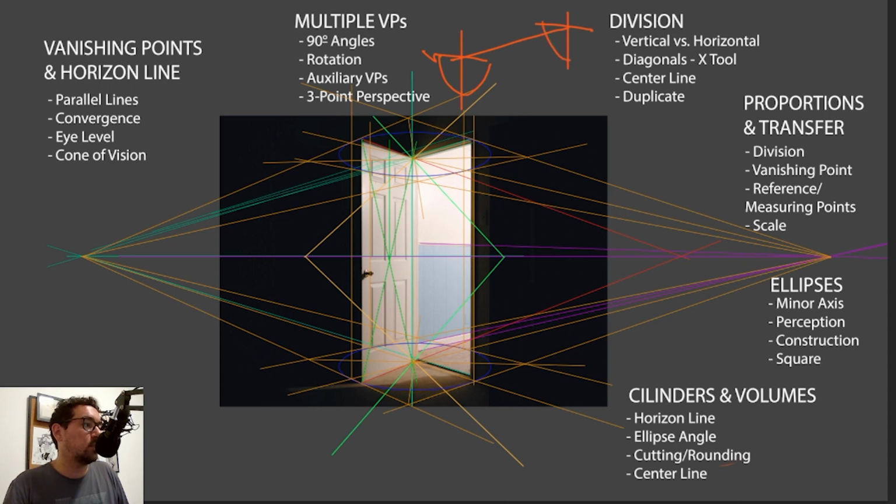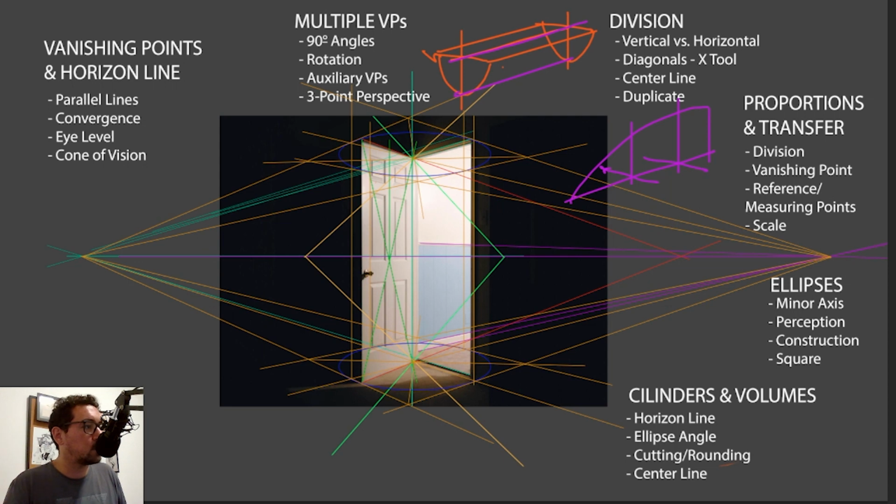Everything needs to be symmetrical in perspective as well. So this is a situation where the center line here in purple is going to be super important so that we can maintain symmetry, especially if it's the other way around, and we have a volume that is going this way, and we have some cut lines here and there.